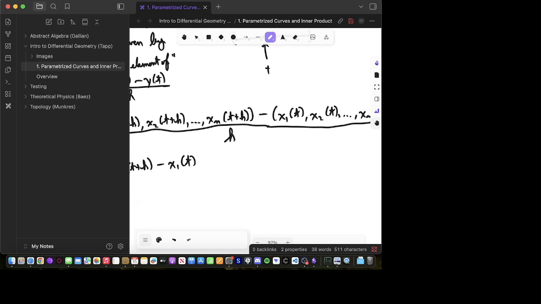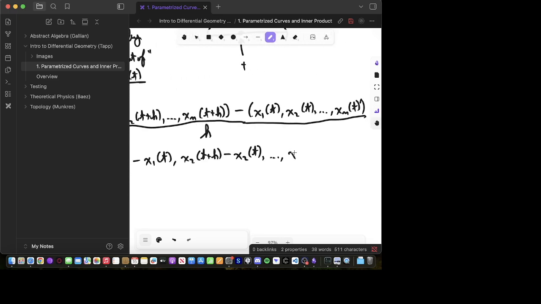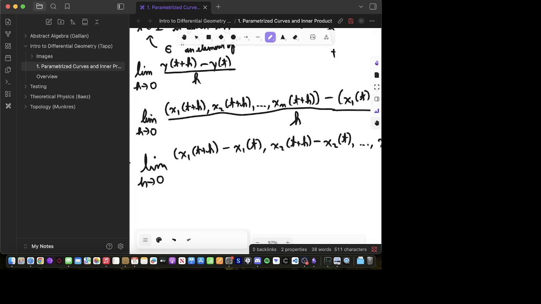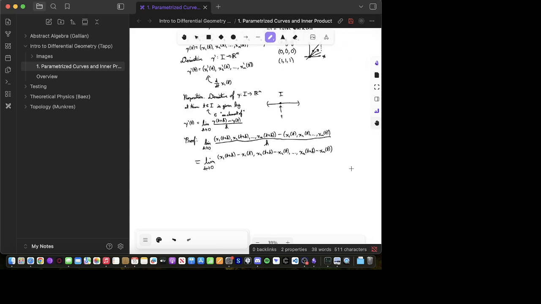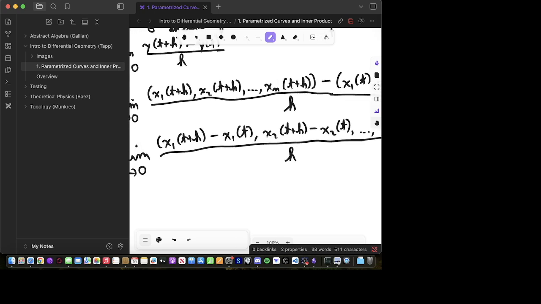That's how we subtract vectors. x2(t plus h) minus x2(t), dot dot dot, xn(t plus h) minus xn(t). And this is all over h.